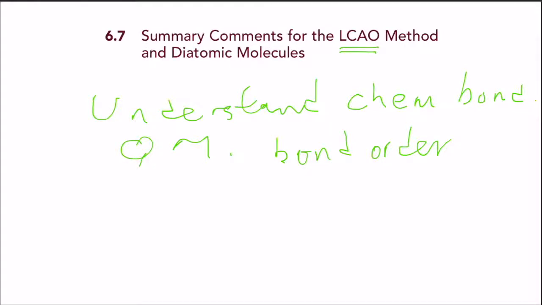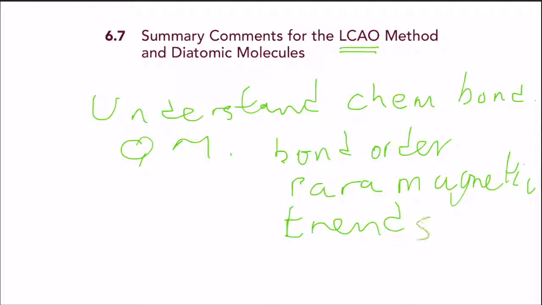We are able to predict if it's paramagnetic. So we can predict all sorts of properties and trends, like in the periodic table, all without requiring even a calculator. So that's the beauty and the strength of this LCAO method. The problem is that it's really not accurate.